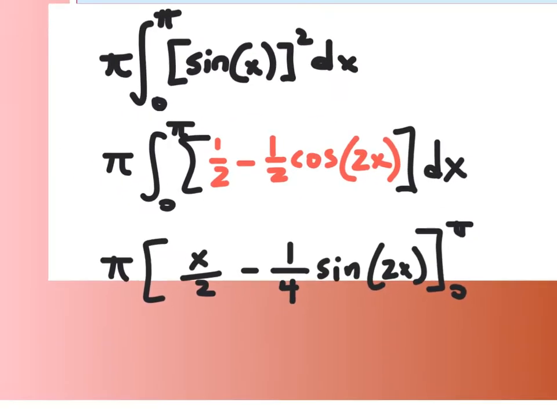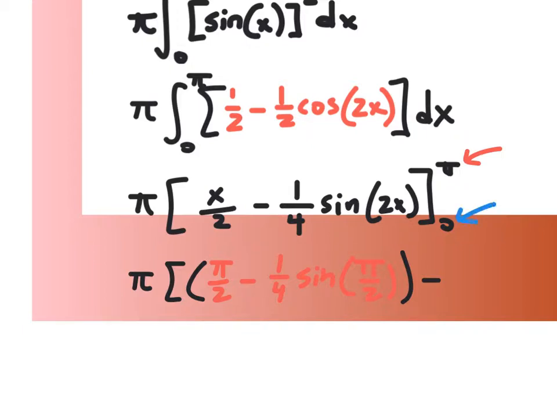Okay, so I've got my integral here. I can go ahead and evaluate. This is pi times, let's insert pi first, that'd be pi over 2 minus 1/4 of sine of pi over 2. And minus, let's insert 0.